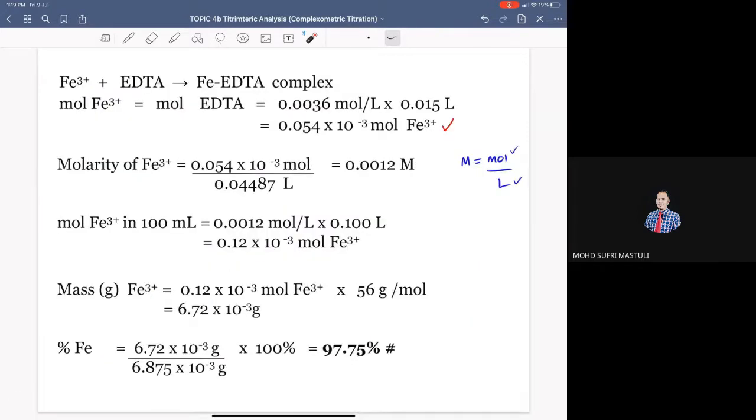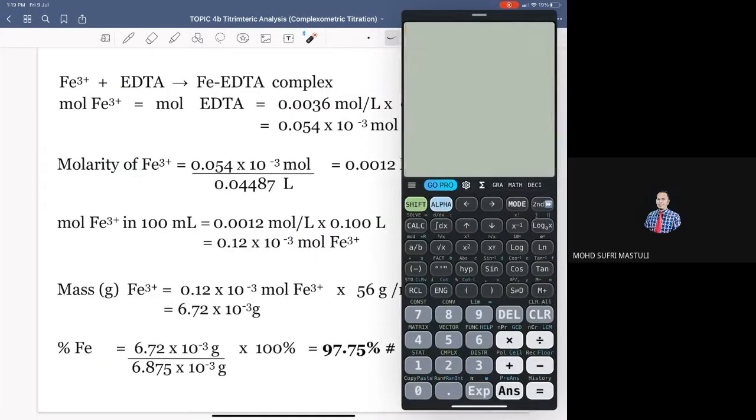So the 44.87 should be divided by 1000. So you can obtain 0.004487 liter.